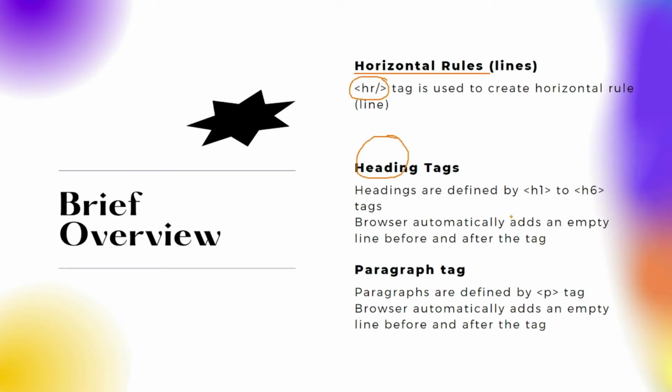Within HTML, there are 6 different tags which define the size of the heading, that is, the tags H1 to H6. H1 specifies the biggest size of the heading and H6 is for the smallest size of the heading. So there are 6 different heading tags through which we are able to define the headings within our HTML document.